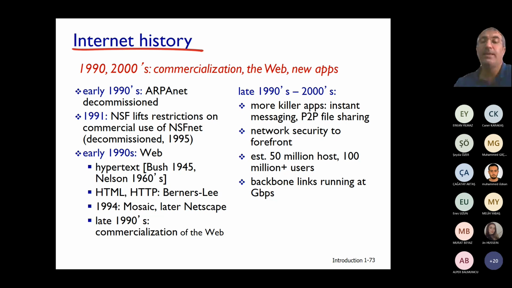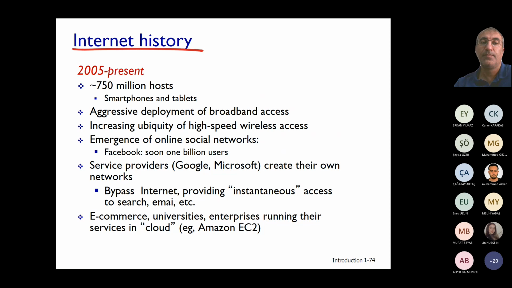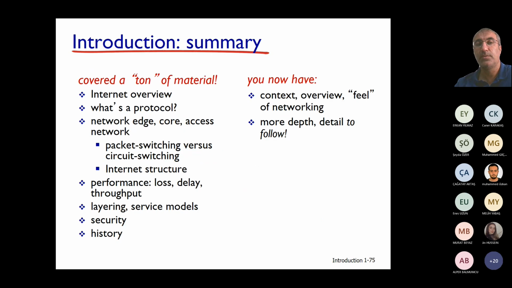Then in the late 1990s, the web became commercialized, and other developments followed in 2000. From 2005 to present, we have millions of hosts, tablets, and computers connected to the internet, search engines, service providers, e-commerce, all these things developed.